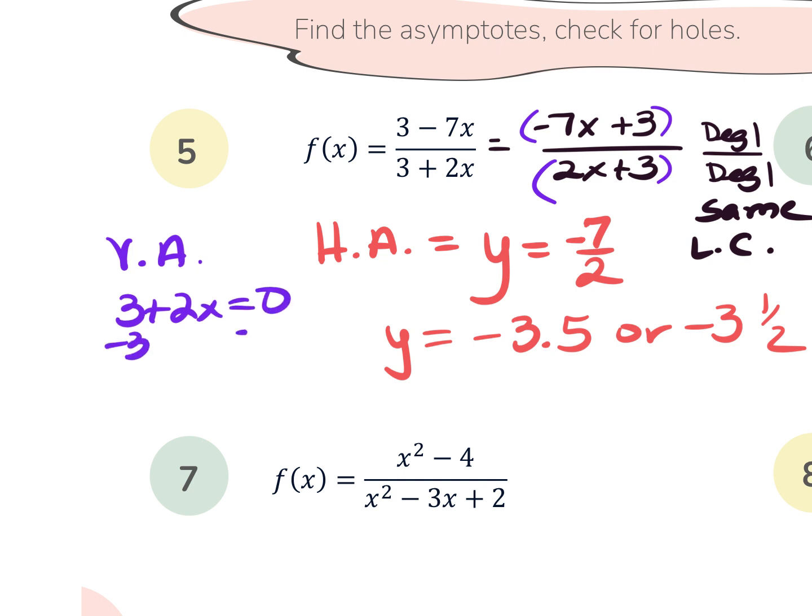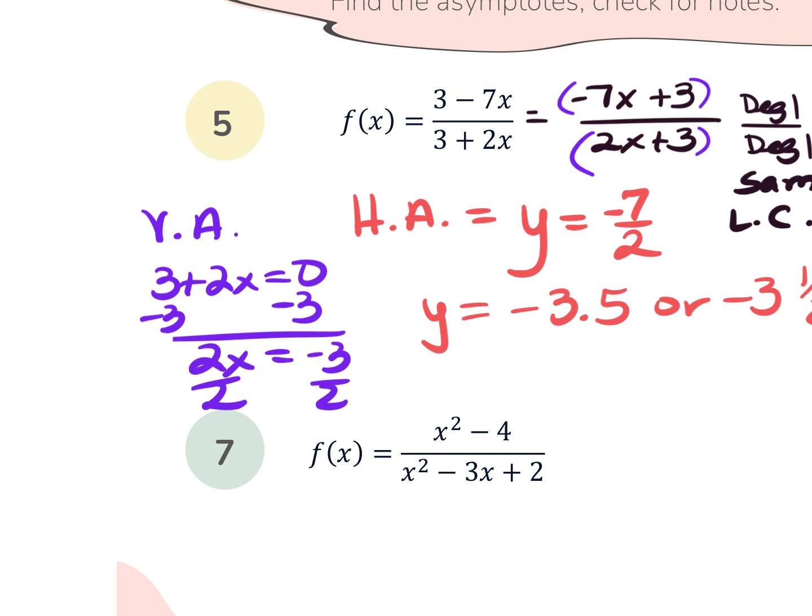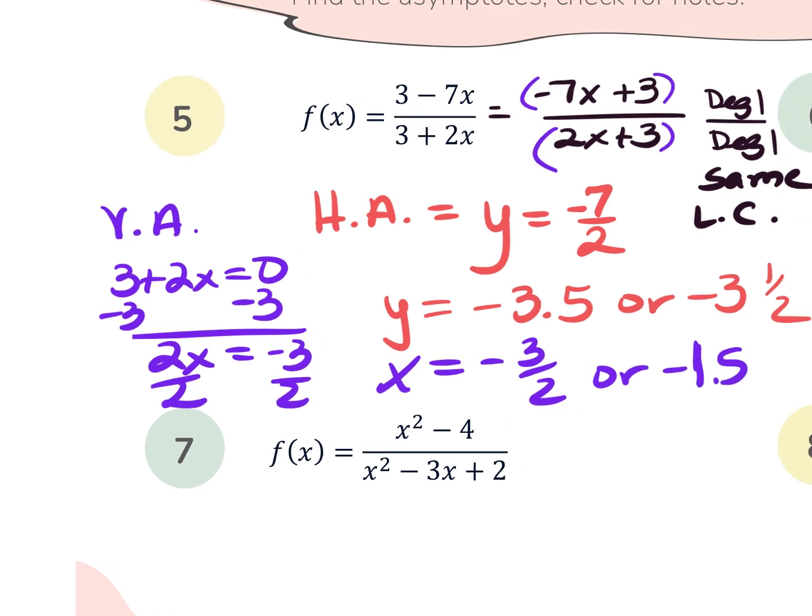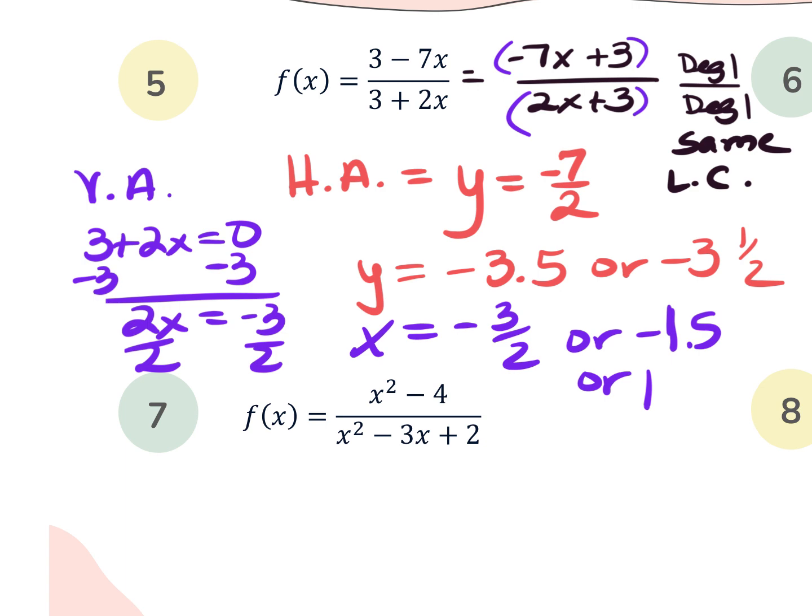It really doesn't matter. Subtract 3, divide by 2, and your vertical asymptote is x equals negative 3 over 2, or negative 1.5. Either way.